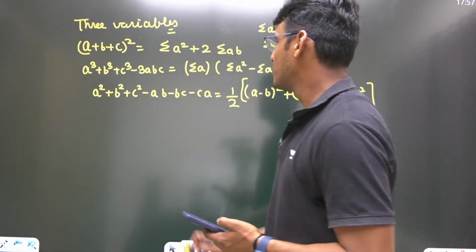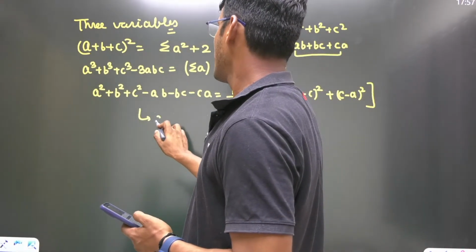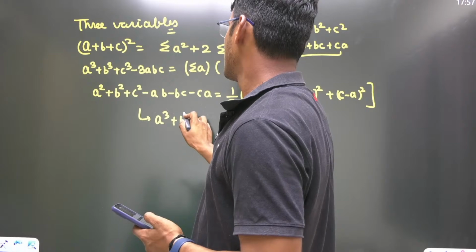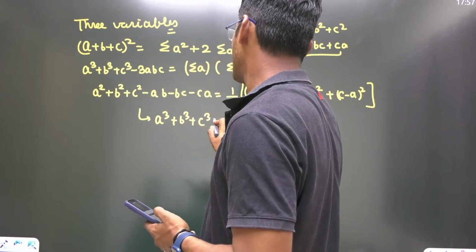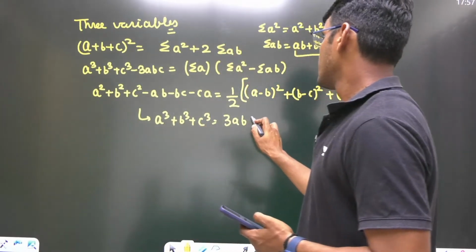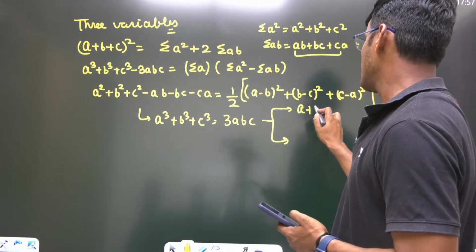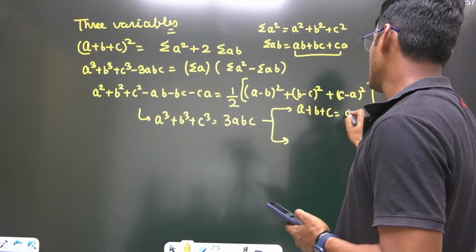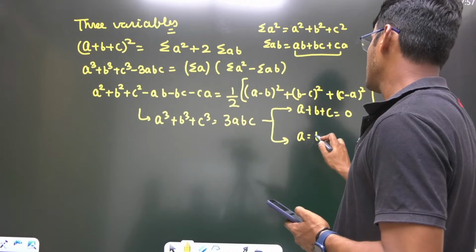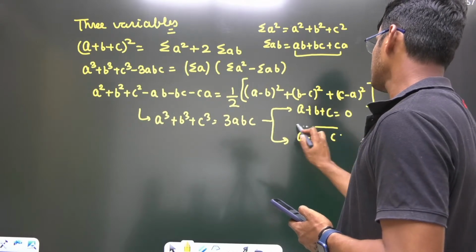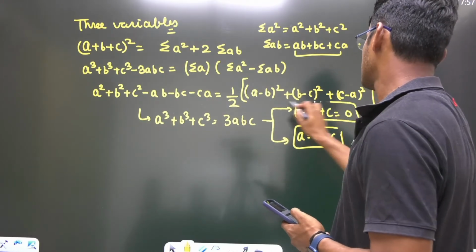Right? So if A cube plus B cube plus C cube equals 3ABC, we have two conclusions. Either A plus B plus C is equal to 0, or A equals B equals C. Either this or this.